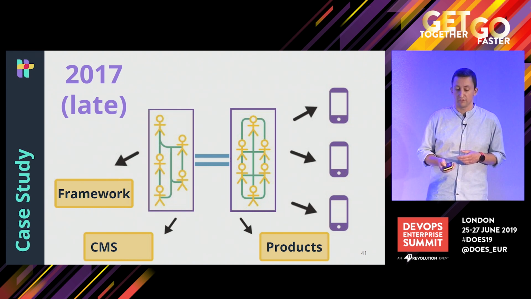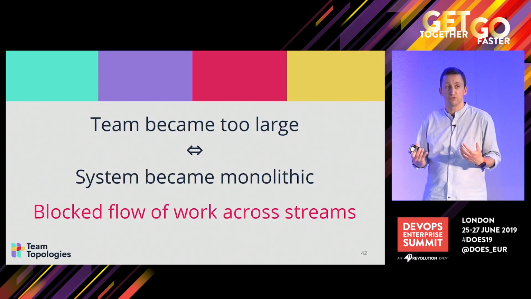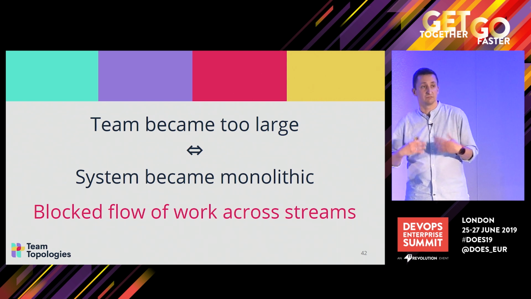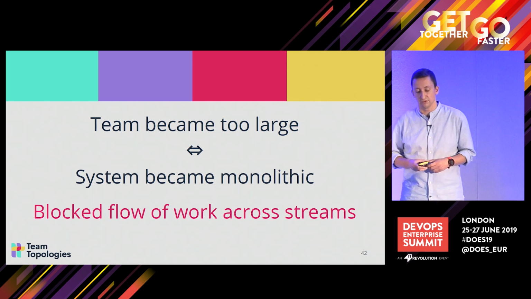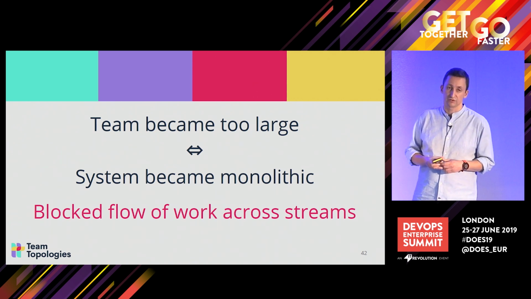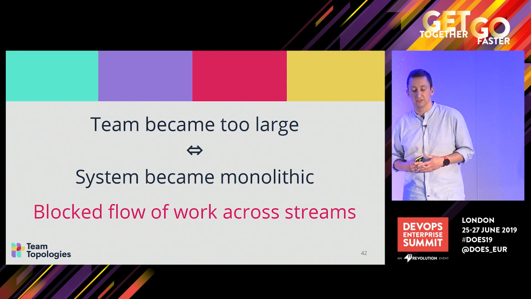So this worked quite well for them. So the key point here was as they grew and they were successful, the system became larger and the team became larger, and things were starting not to work as well. So the flow of work was getting blocked, or at least significantly delayed.